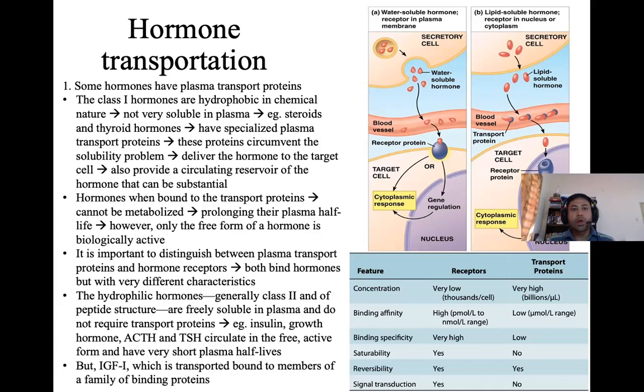The first way of transportation is via plasma transport proteins. What is plasma? Plasma is the main constituent of your whole blood. We have around 55% plasma in our bloodstream.